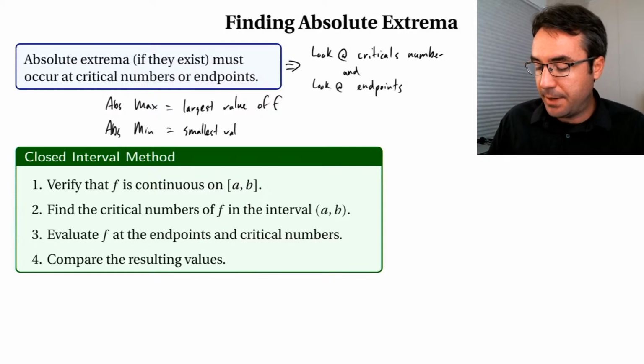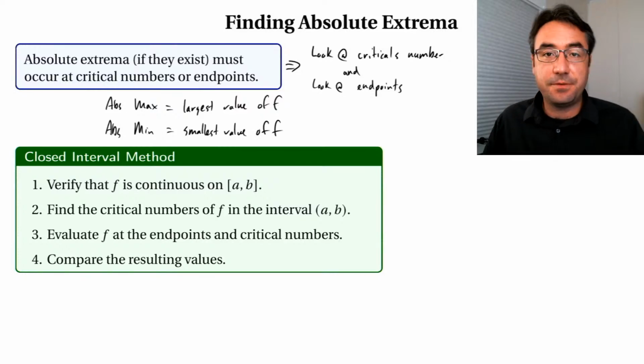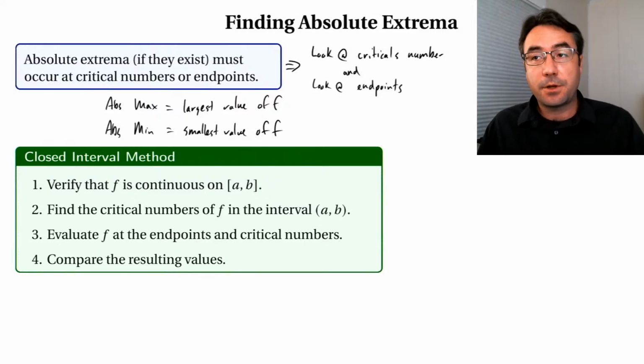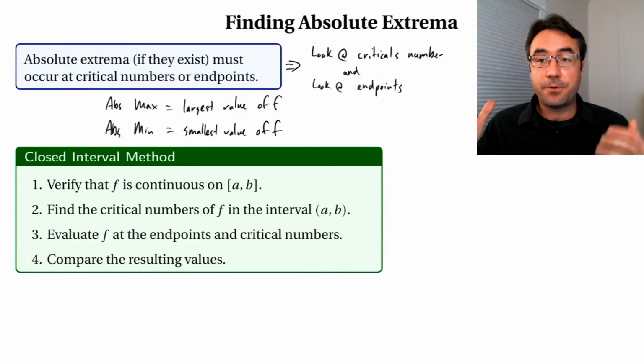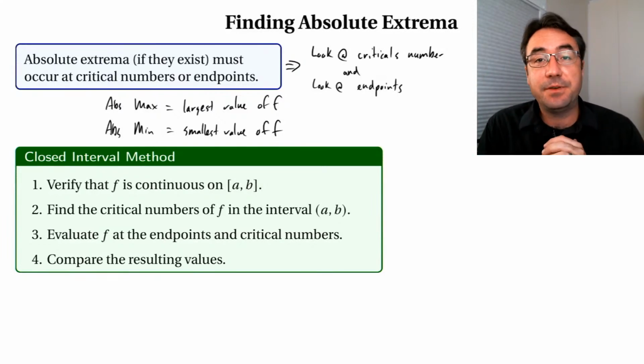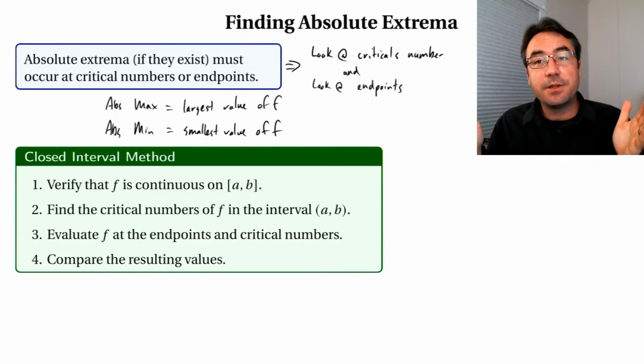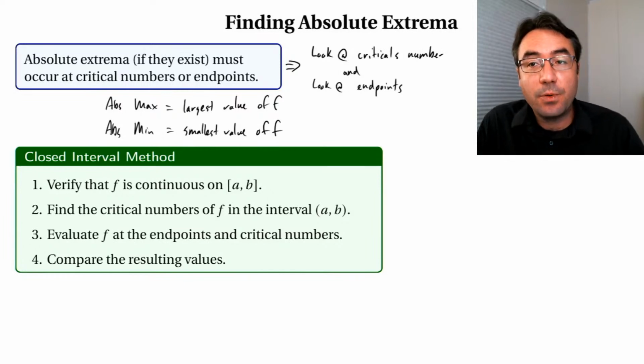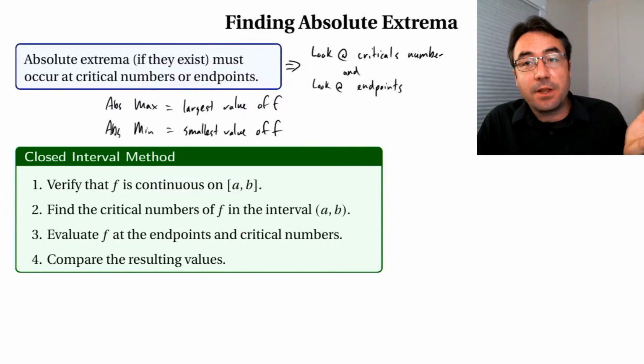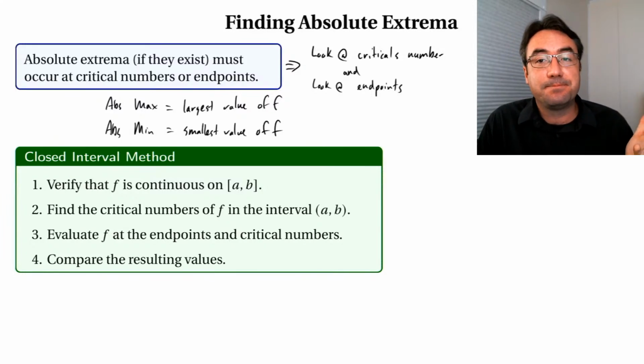And so if our function is defined on a closed interval, for the closed interval method, we first want to verify that our function f is continuous on that closed interval. Then we want to find the critical numbers, and we want to evaluate the function at the endpoints and the critical numbers, and see which value is the largest and which one is the smallest.